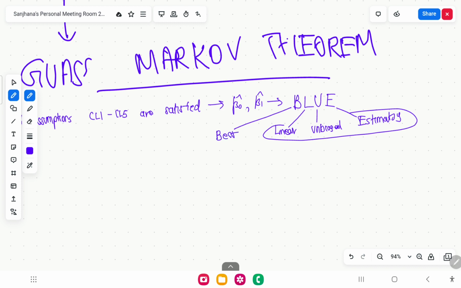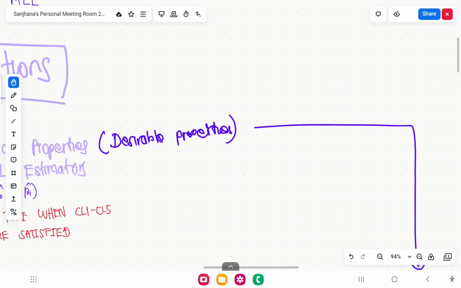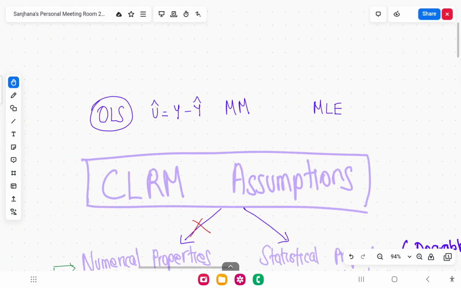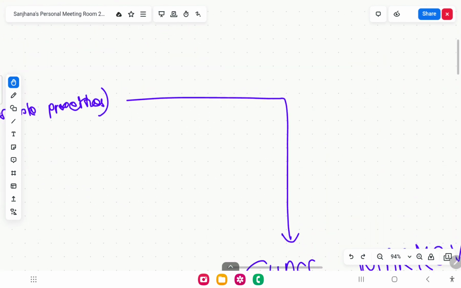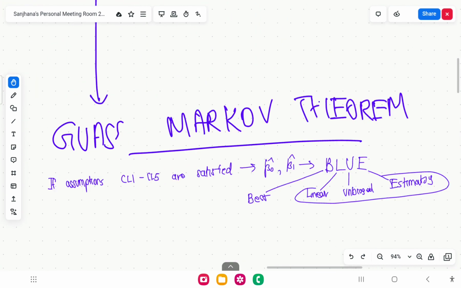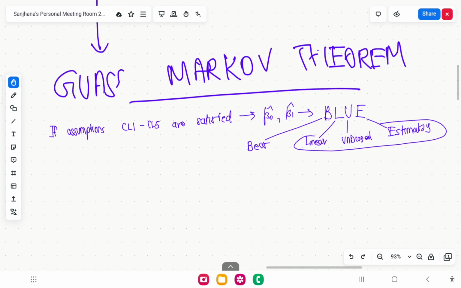Now, there are actually different ways to find beta naught and beta 1. I've explained this before as well. There is the OLS method, the method of moments, MLE, and other ways like this. But if we use the OLS method to find beta naught and beta 1, then these estimators are not only unbiased and linear, but they are considered to be the best.